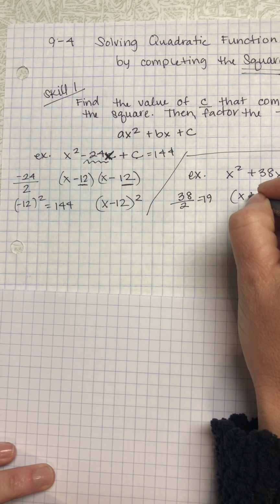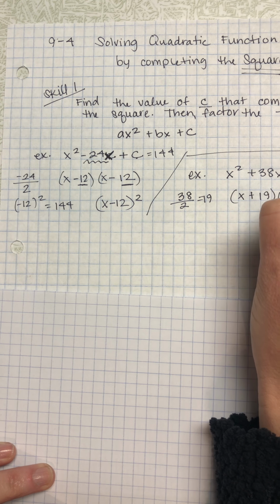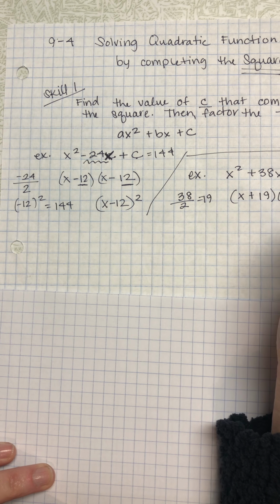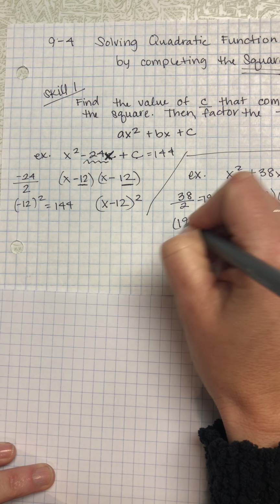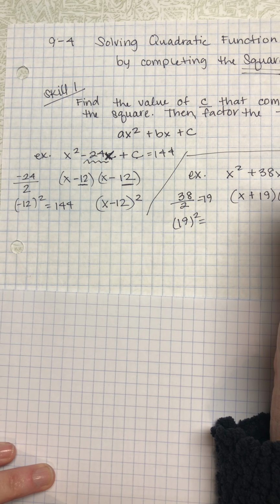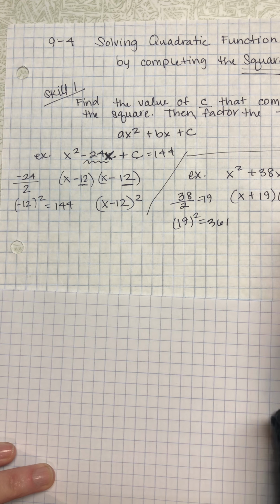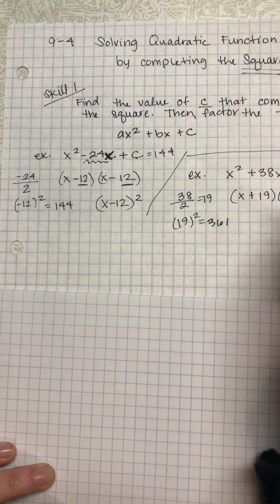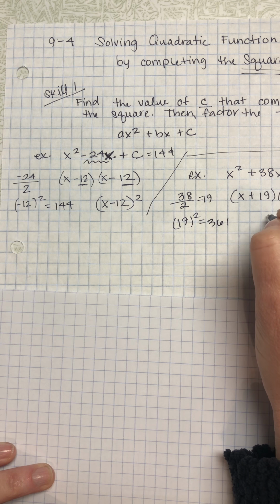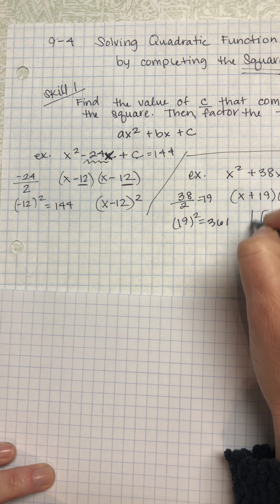So x plus, both my signs are positive, so plus 19, x plus 19. So then I find 19 squared using a calculator. Is 361. So c is equal to 361, and our factored answer is x plus 19 squared.